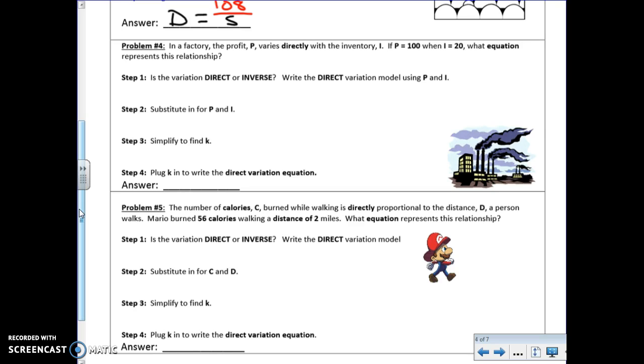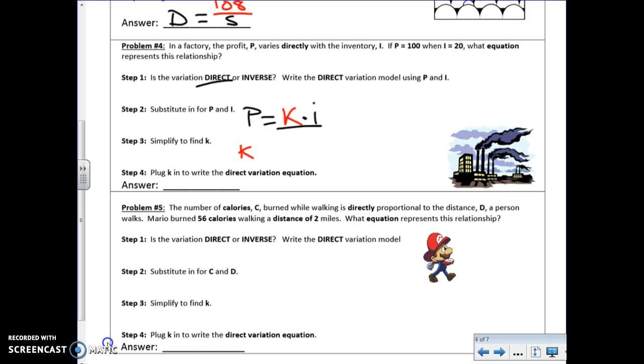So for problem number 4, it says, in a factory, the profit P varies directly with the inventory I. So we're going to say this is a direct variation, and we're going to say P equals k times I. Well, if we want to find k, then that would mean k is equal to P divided by I, right?